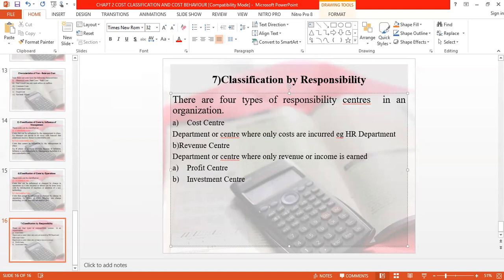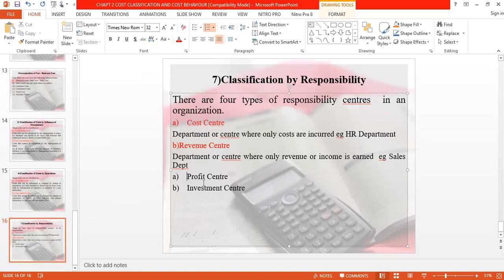And where you earn, there is just money that is coming in. This department just brings in money, e.g., sales department. That will be an example of a revenue center. So what is a revenue center? A department where only income or revenue is earned.